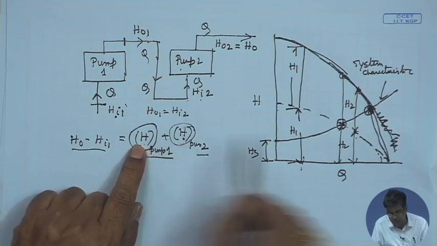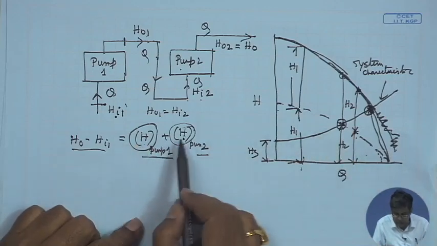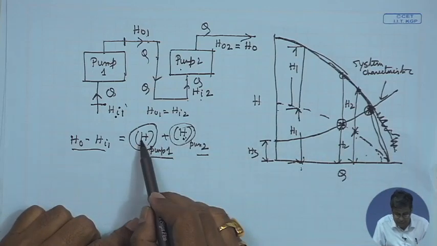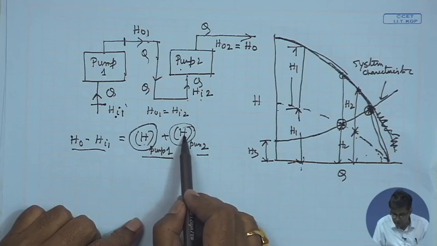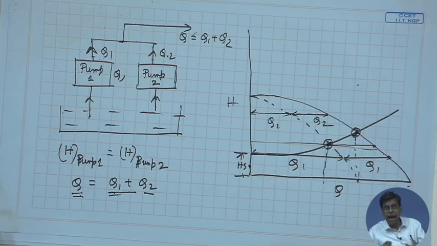This is because the operating point is the point of intersection of the system characteristics and the HQ, or head discharge, characteristics of the pump.